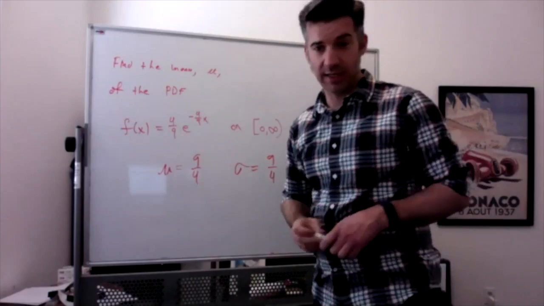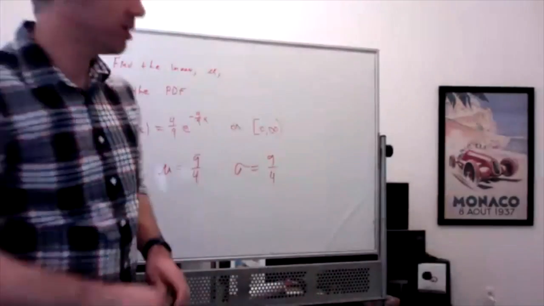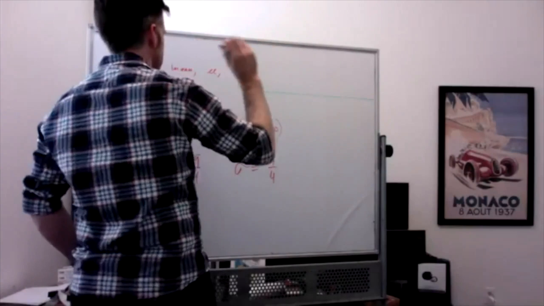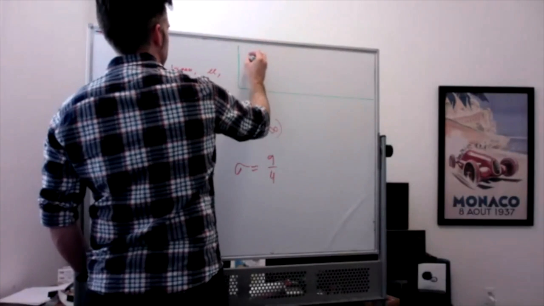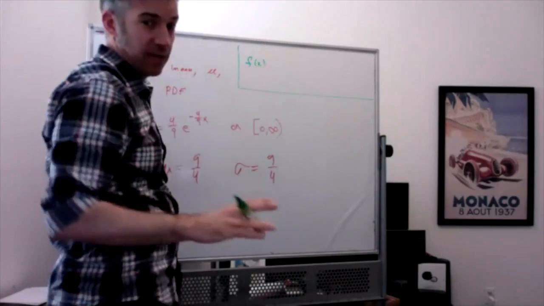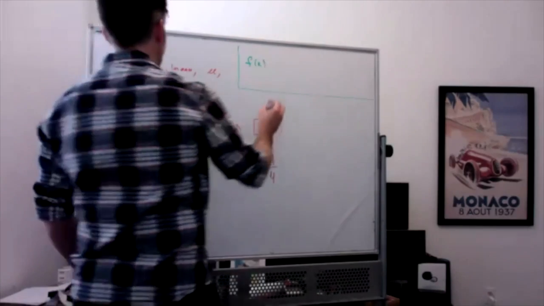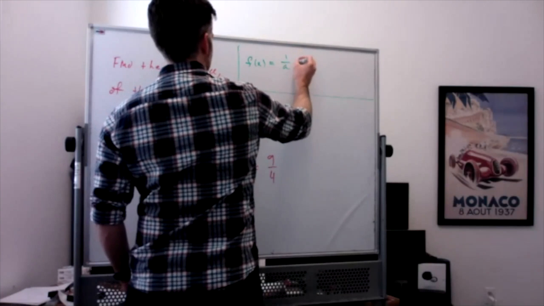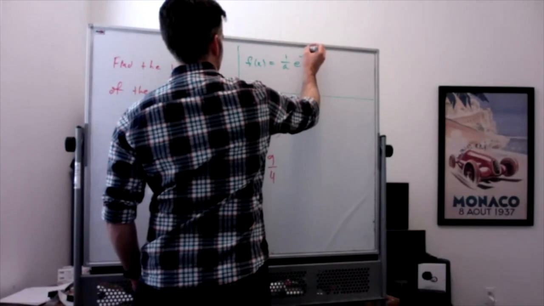I'll just remind you guys that more generally, if you have an exponential probability density function, it's 1 over a times e to the negative x over a.